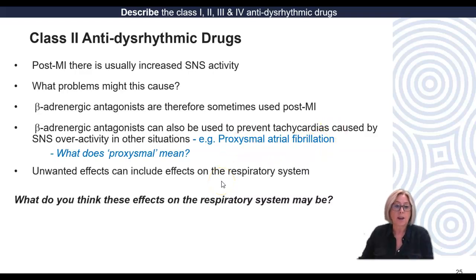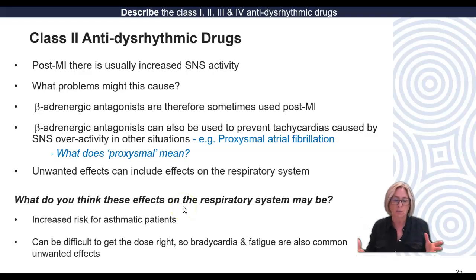These drugs, of course, can have their own unwanted effects too, and this can include effects on the respiratory system. So what do you think these effects on the respiratory system may be, given that we've just done the respiratory system and we looked at how the beta 2 agonists can be used for people with asthma to cause bronchodilation. Here you're using a beta 2 antagonist, so they're going to cause bronchoconstriction, some of them.